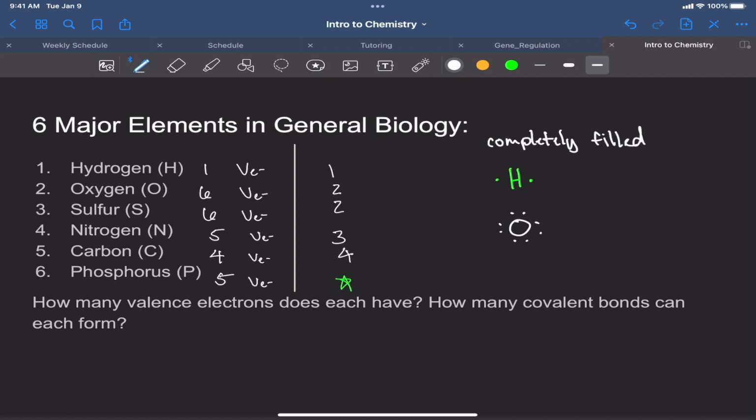Because it's not in the first period. Hydrogen is, same with helium, but oxygen is in the second period, so it's going to use the standard octet. But this would be if it's completely filled.